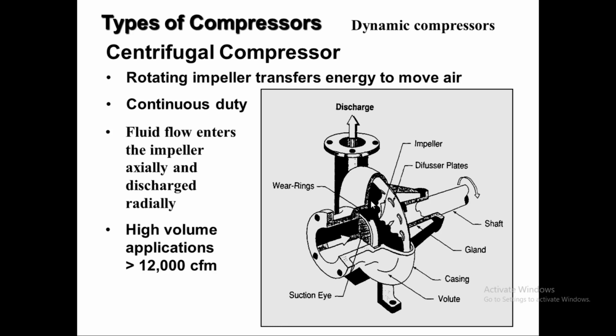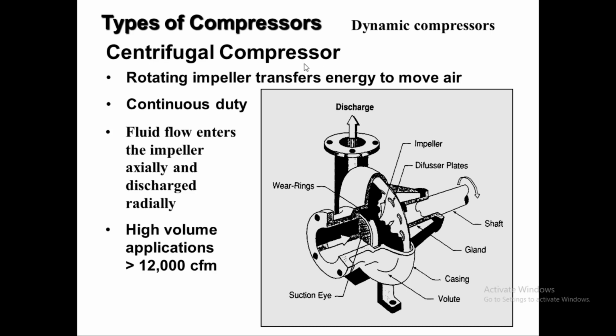The shaft rotates at around 3000 rpm, so it's rotating very fast, and this imparts kinetic energy to the gas or vapor which comes in through the eye of the rotor. It goes into the blade, which imparts kinetic energy onto it, and then it goes to the diffuser, where this kinetic energy is changed to pressure.